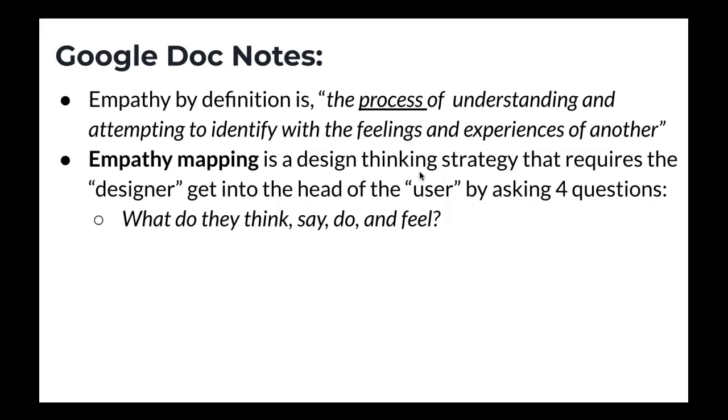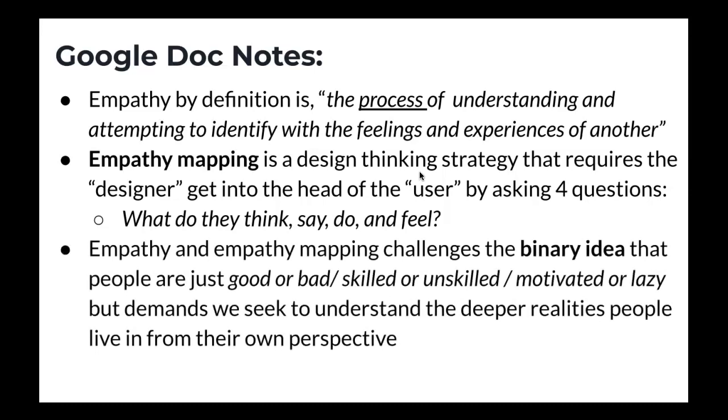So this is really important, particularly in the work of empathy and innovation for social change, because it challenges this binary idea. And we learned about binary thinking and some of the limitations of binary thinking last semester. But it challenges this idea that people are just good or bad, or people are skilled or unskilled, or people are either motivated or lazy. They're not one or the other. People are complex. Their realities are complex.